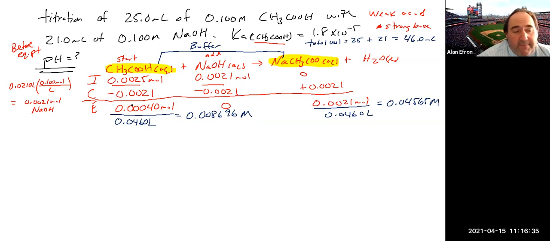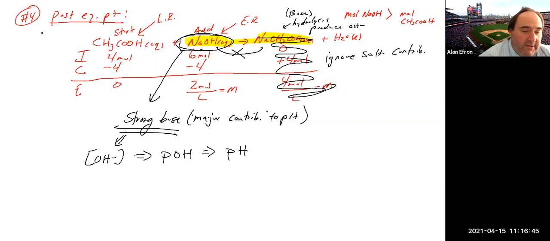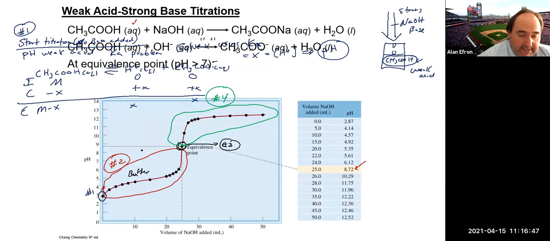So what did I mean by you should actually have known that before we got here? At the point where we determined that we were before the equivalence point in this titration, we should know that in this type of titration, before we even did the calculation, we should end up in a buffer situation.